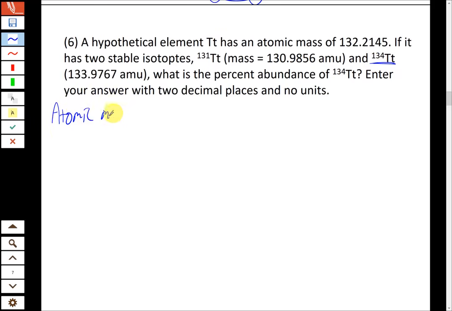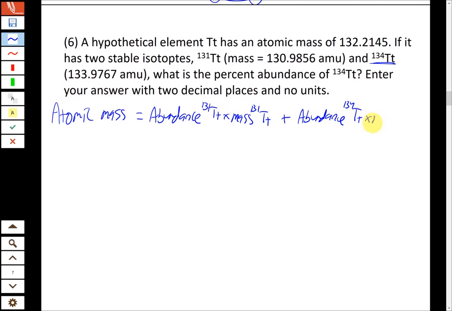The atomic mass, the number that appears on the periodic table, is equal to the weighted average: the fractional abundance of each isotope, in this case 131 and 134, multiplied by the mass of that isotope, plus the abundance of the second isotope times its mass.